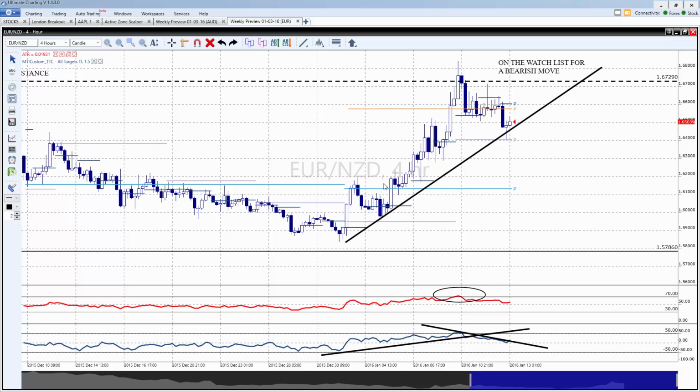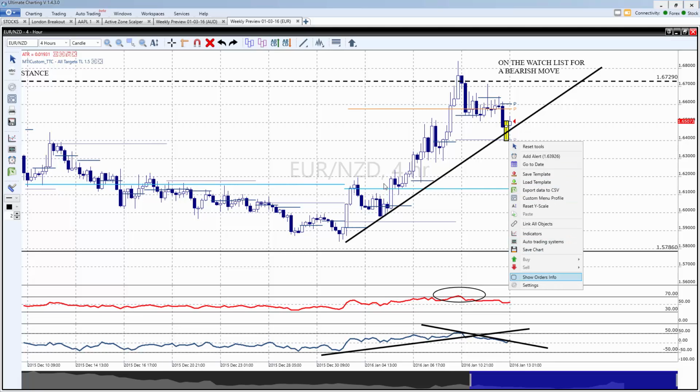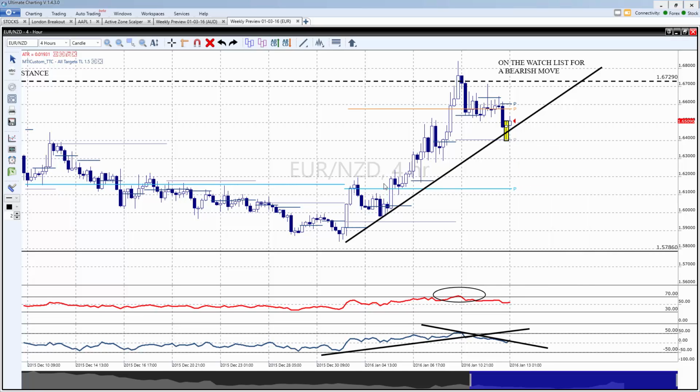It has a great candlestick pattern, so it's good to get in now.